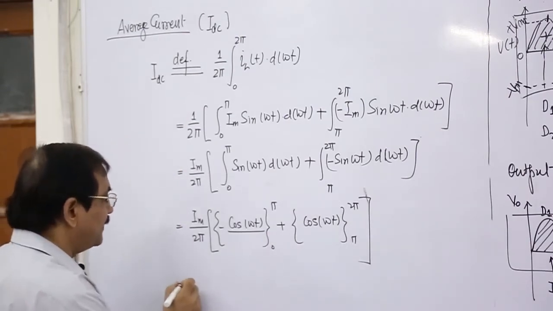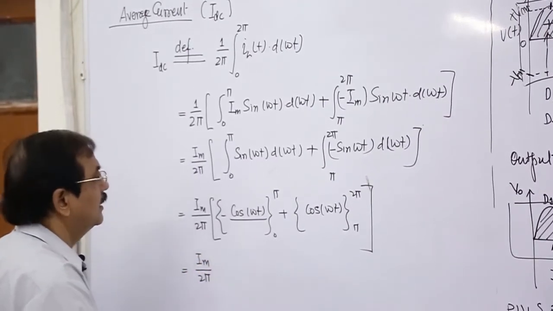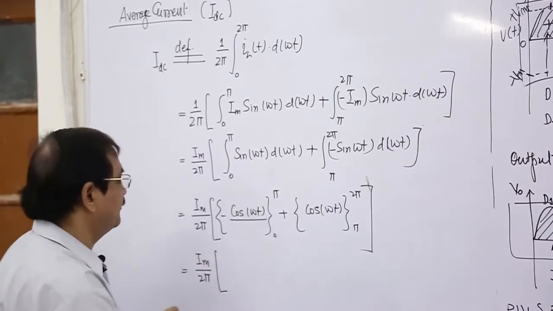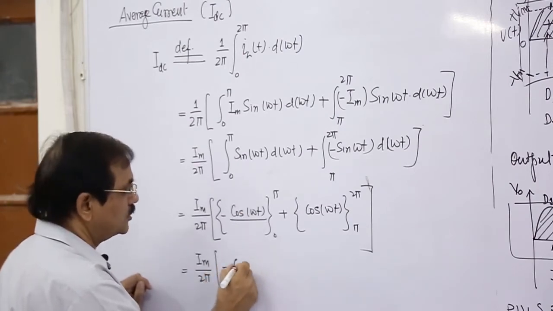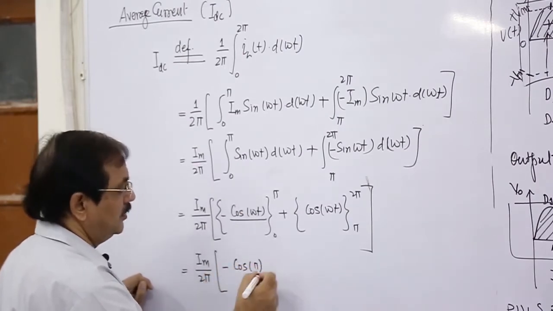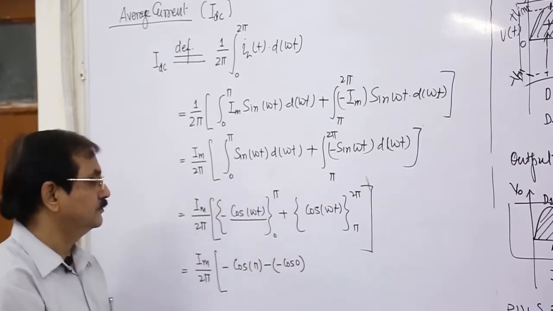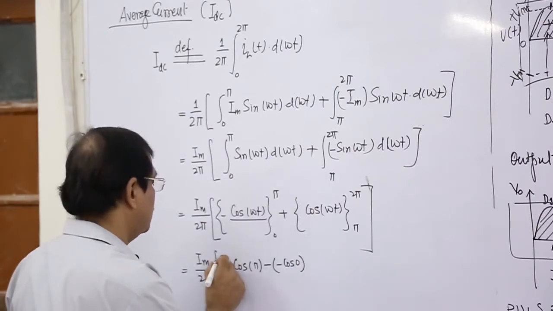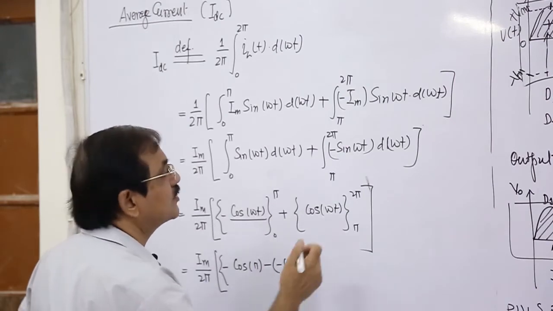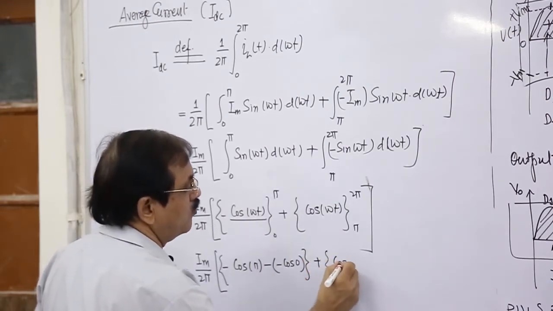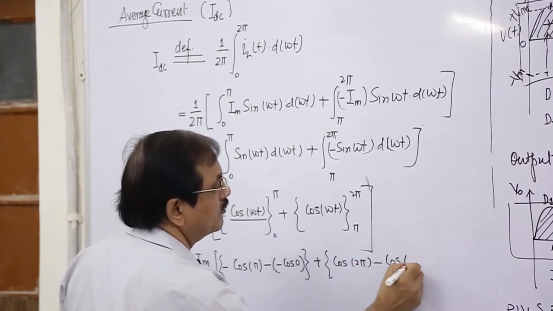So, what do we have? Im upon 2 pi times minus cos pi minus of minus cos 0, plus cos 2 pi minus cos pi.